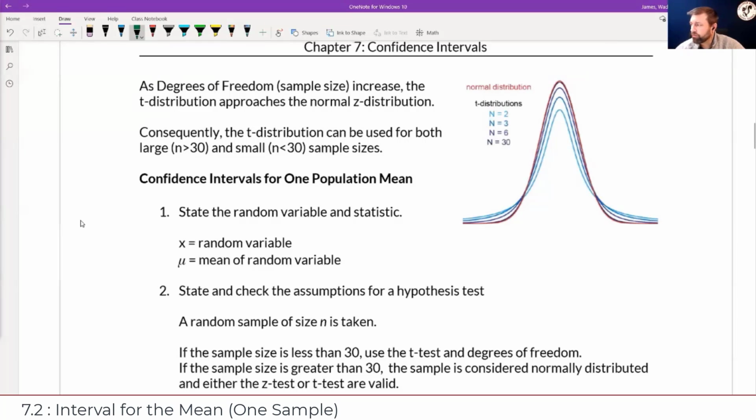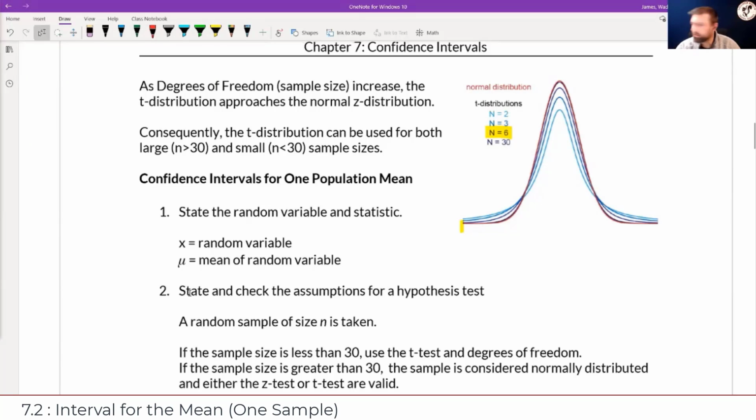So here's what I just described. If you look at this graph over here, this is n equals 30. So if you've got 30 people, you have the red graph. That is the normal distribution and everything's fine. You proceed like normal. If you have fewer than 30, maybe 6 people in your sample, then that normal distribution gets skewed and it looks like the purple line.